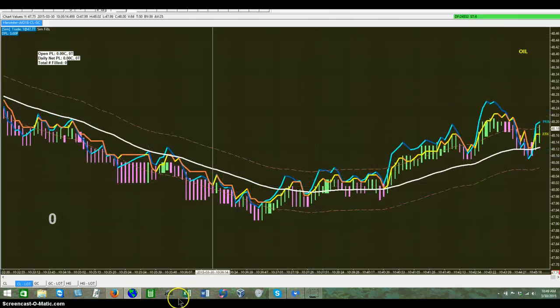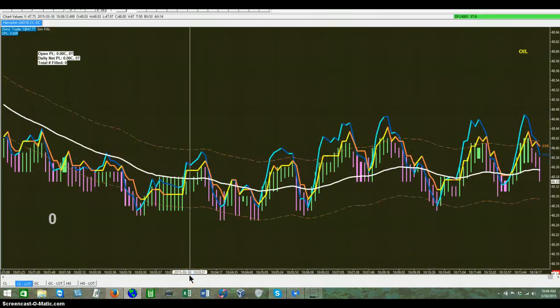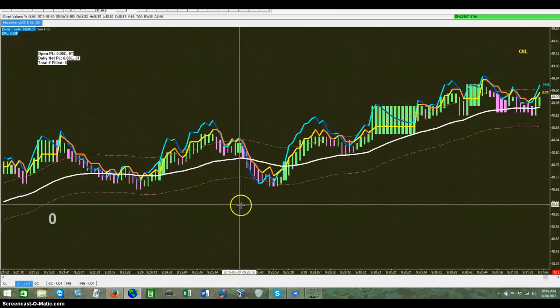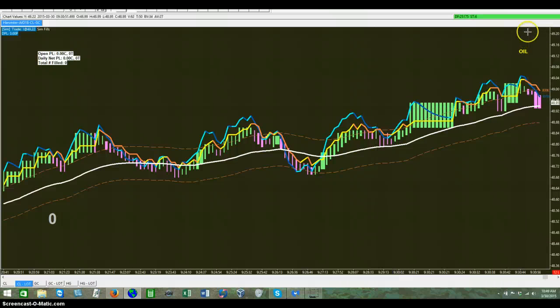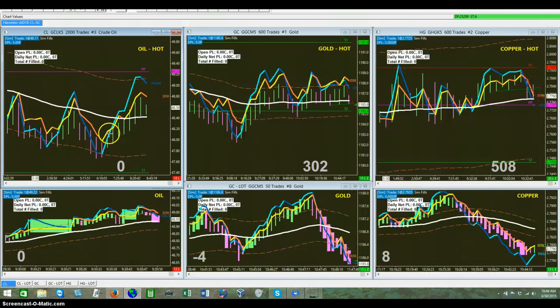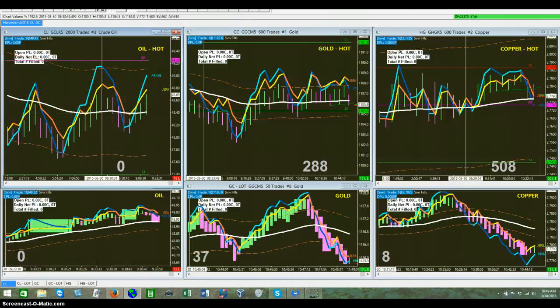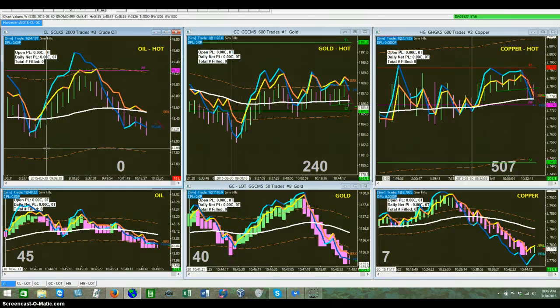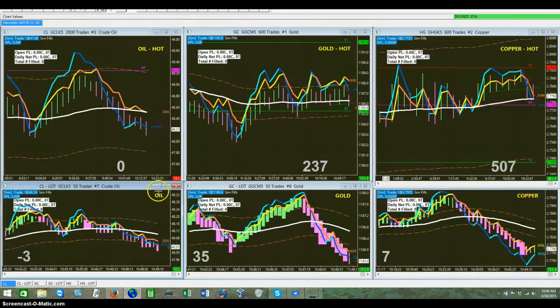For that long, we went in around, let's verify the time again where we went in. Okay, we went in around 9:09.